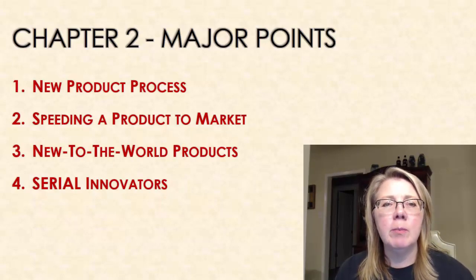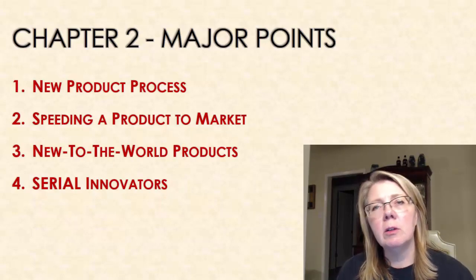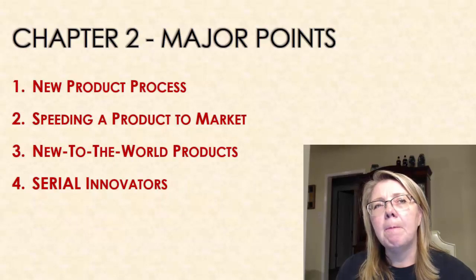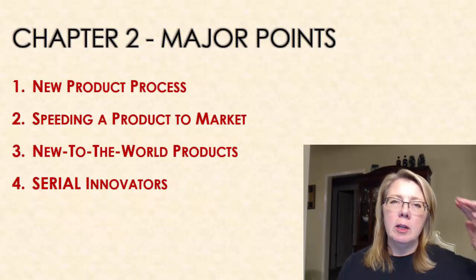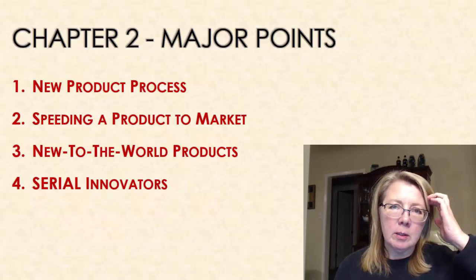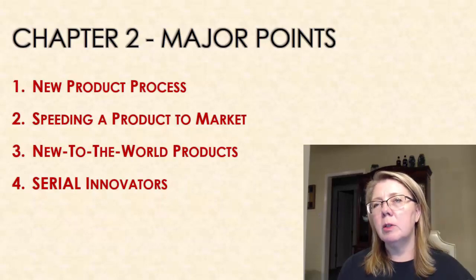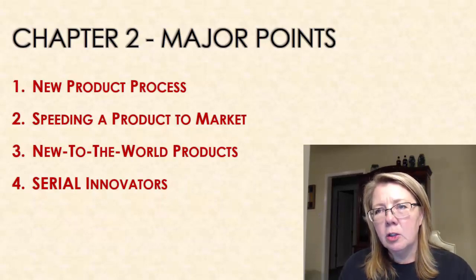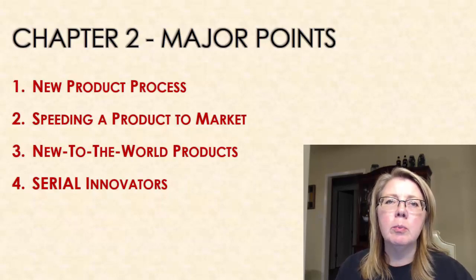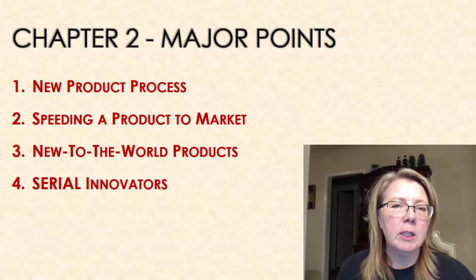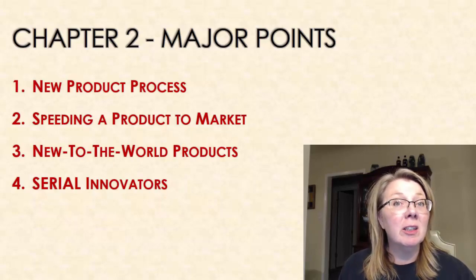And so the Chapter 2 assignment is asking you to look at a particular company developing a particular product, a heart pump, and trace through the steps in the new product development process. What are you seeing in that case study that shows you what they did at phase 1 in the process, phase 2, etc.? And for this one particular fellow that's involved in the case, is he a serial innovator?